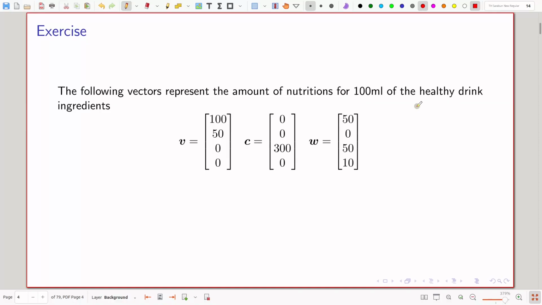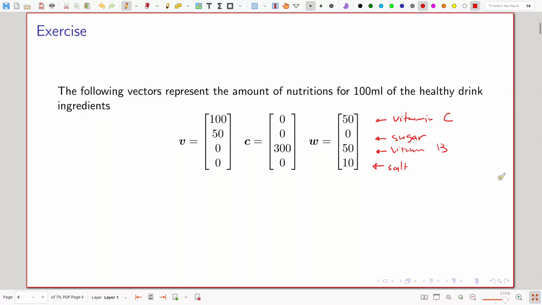We represent it as a vector with four numbers. The first number might represent the amount of, I don't know, vitamin C. The second is sugar. The third is vitamin B, and the last one is salt. You get some salt.